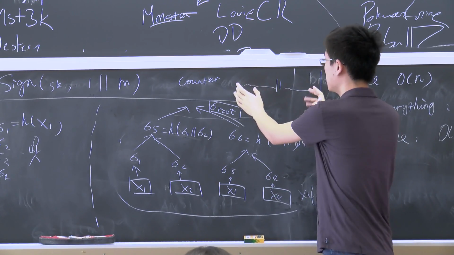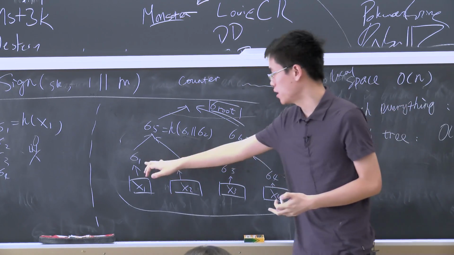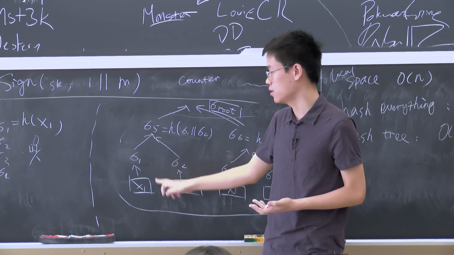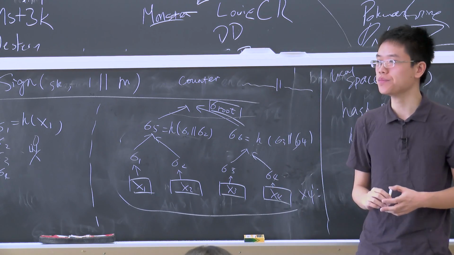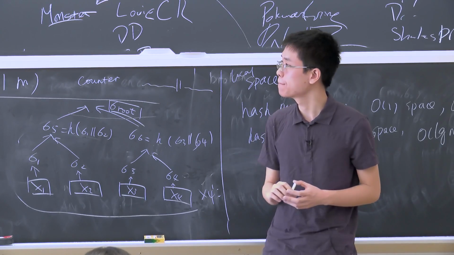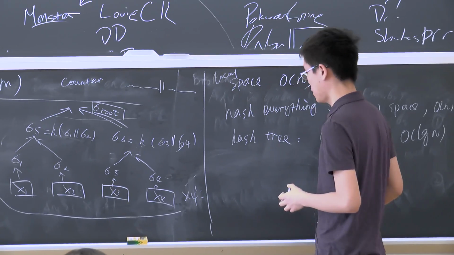If this entire thing is the same, that means this part is the same and this part is the same, right? And if your new sigma 1 is the same as your old sigma 1, that means I have found a collision here, right? Because you changed it, but your sigma doesn't change. All right.